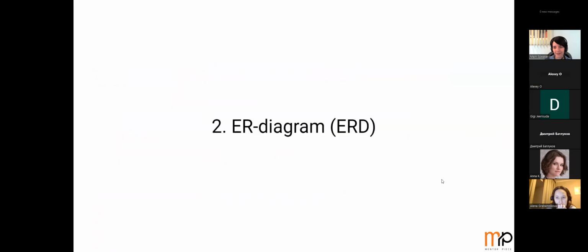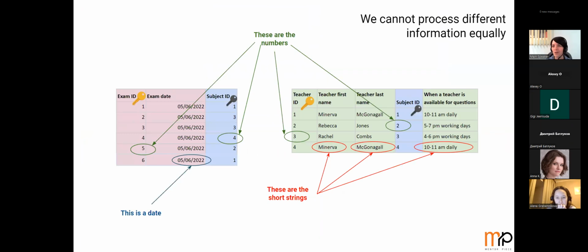So, wrong direction. Okay, we should be here. And this is to sum up all that we've discussed previously. Now, there are two tables, two examples of different data types. We cannot process different information equally, and that's why we should have the data types. That are the strings, the short strings of char type.